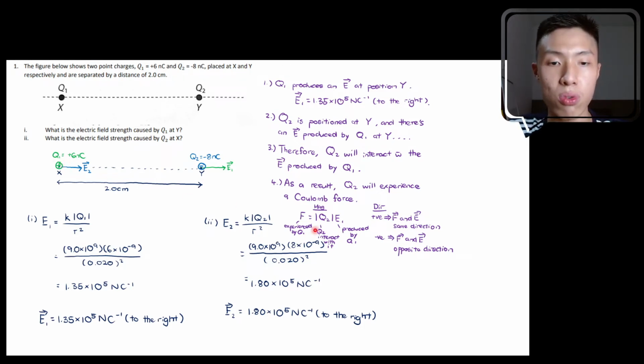The magnitude can also be calculated by this formula, but this time Q1 is interacting with it, and this is the electric field produced by Q2.